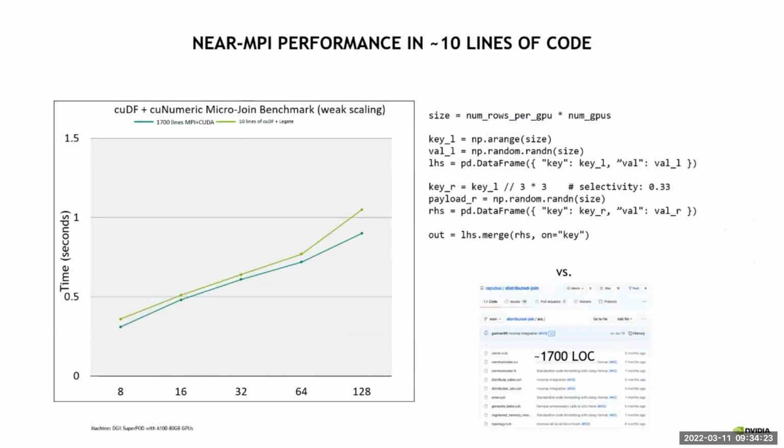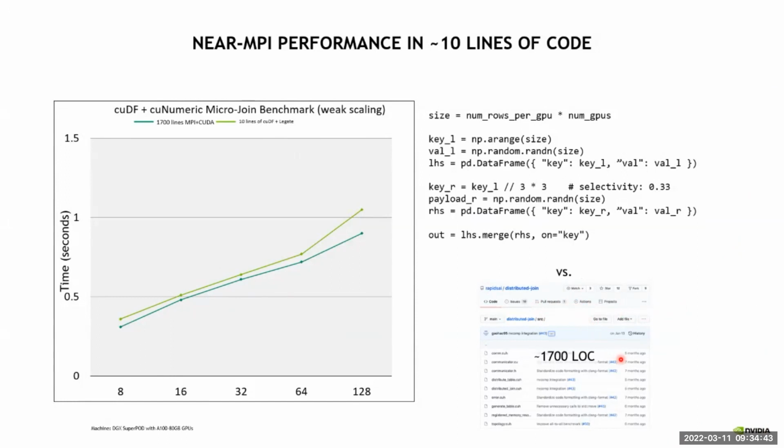And how does it perform when compared to a native version of the code? Well, this is using a join micro benchmark. The reason we chose this code is there actually is a hand-optimized version of this distributed join that was written by our RAPIDS team and is available online.